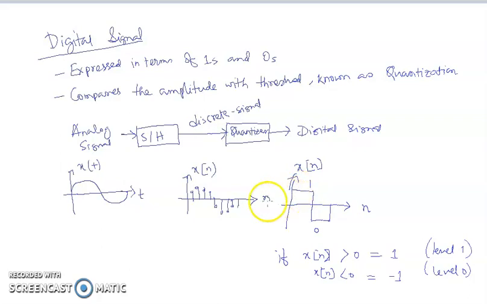When the amplitude of the samples is less than 0, after comparing the magnitude with 0, where 0 is the threshold, we assign them -1. So -1 represents level 0 here. Two types of levels are there, high and low. These types of signals are known as digital signals. In a computer we generally use the digital signal or digital pulse signal.